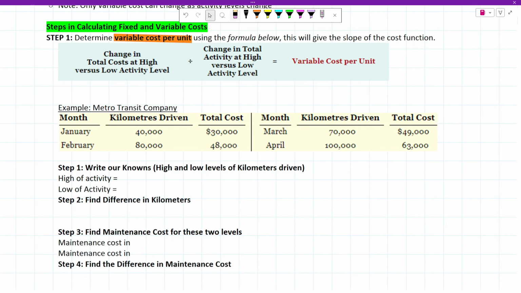So we look at the columns with kilometers driven. We have 40,000, 80,000, 70,000, and 100,000. What is the high of this activity? The high is 100,000 in April.